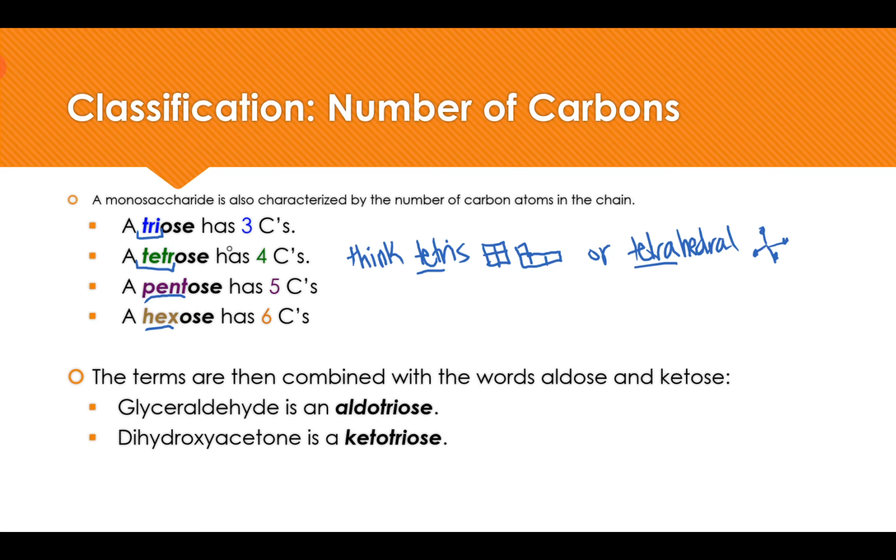We can combine these triose, tetrose, pentose, hexose vocabulary terms with the aldose and ketose forms before, and then you get things like an aldotriose, meaning aldehyde, three carbon sugar.